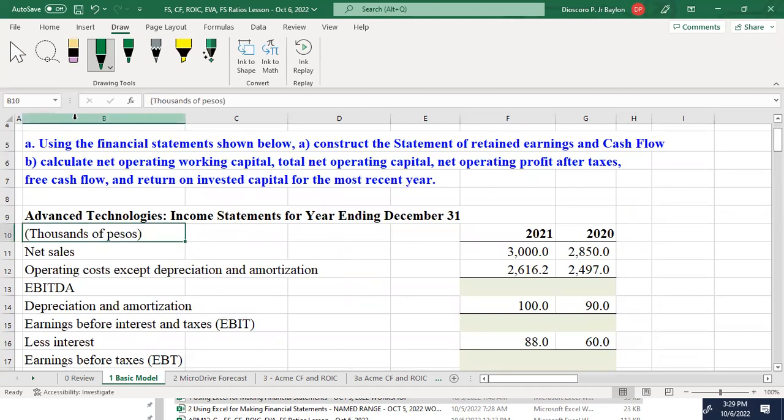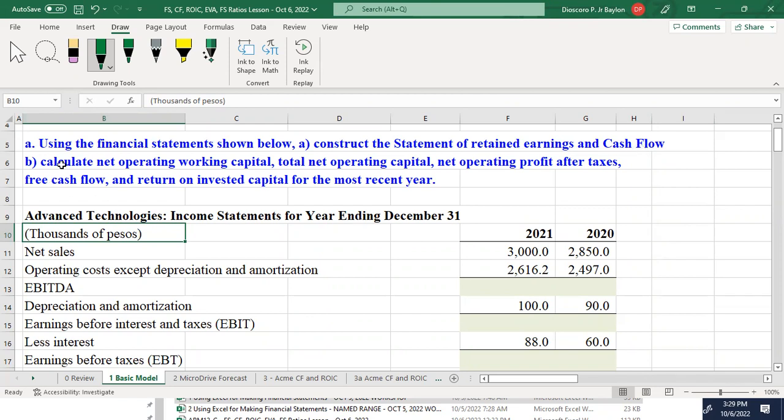So what are we expected to do? Using the financial statements, we are to construct the statement of retained earnings and also the statement of cash flows. I don't know how far you got into the statement of cash flows. Usually in high school accounting it's not discussed much, so we'll just take it from our finance class.